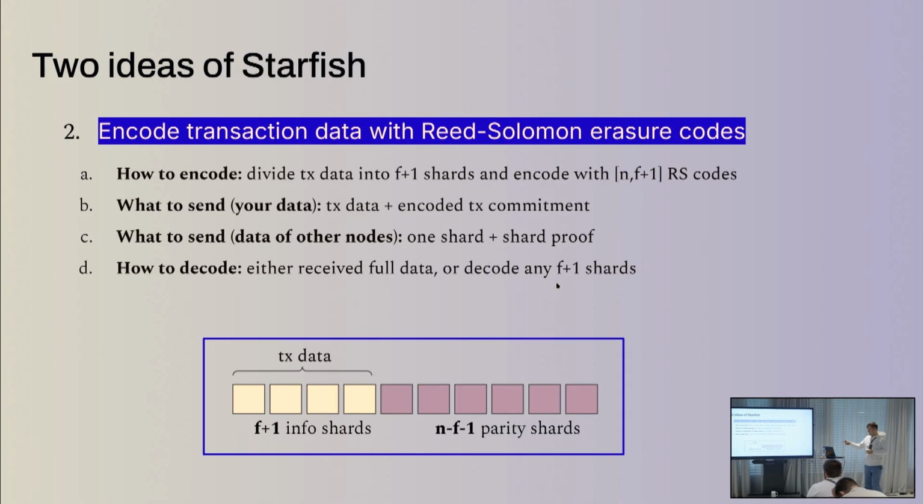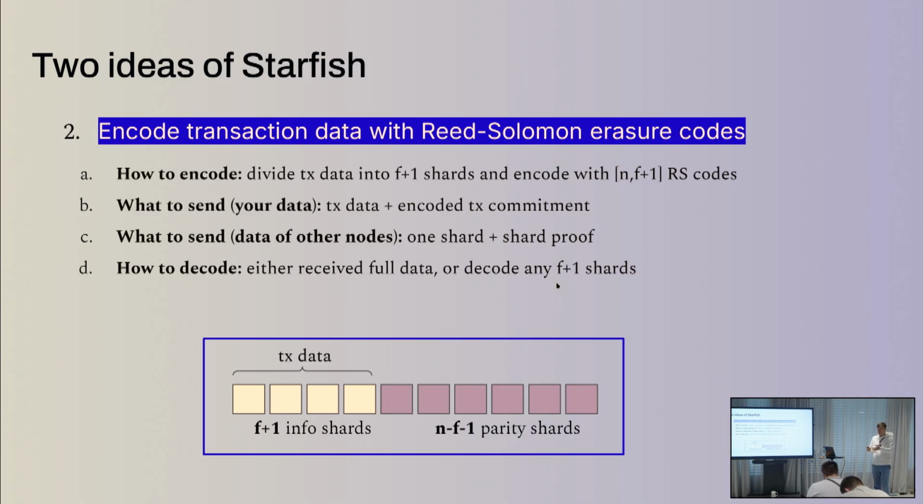We had f+1 chunks and we encoded and we got n chunks. And now when you are the block creator and you're responsible for your transaction data, then you're going to send to everybody else your transaction data, while others should not send to everybody else the whole transaction data. They should send only one chunk, one shard, together with some proof.